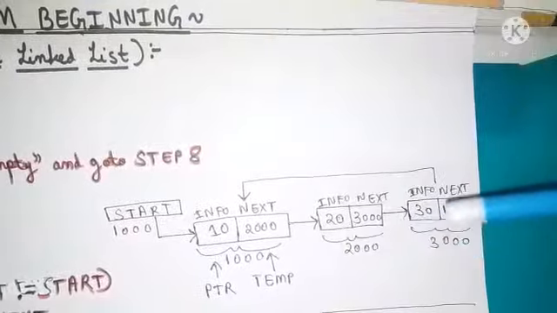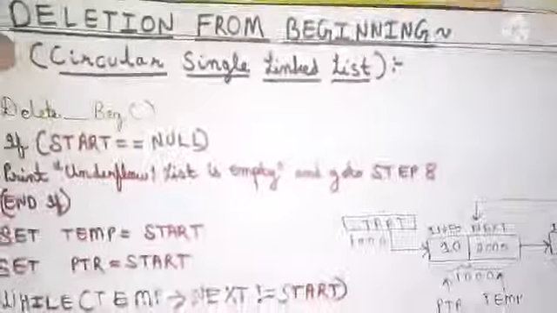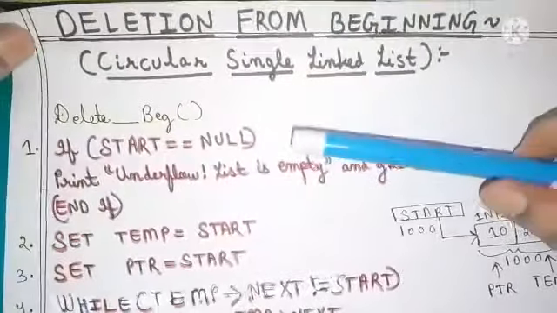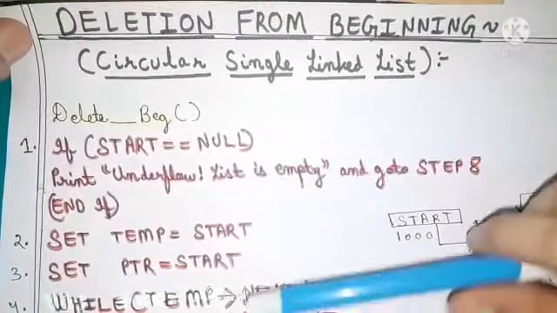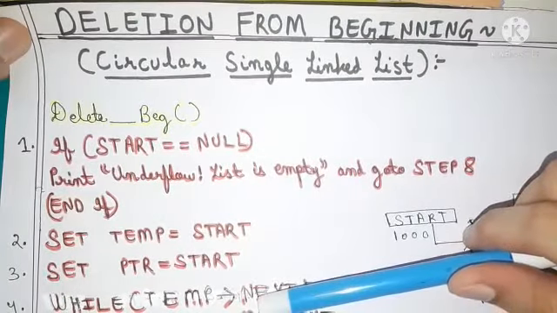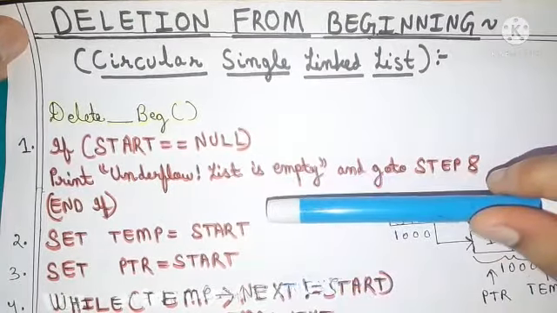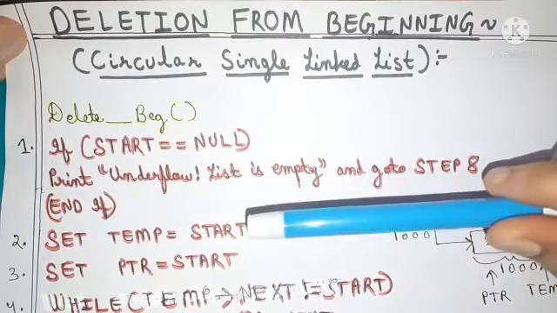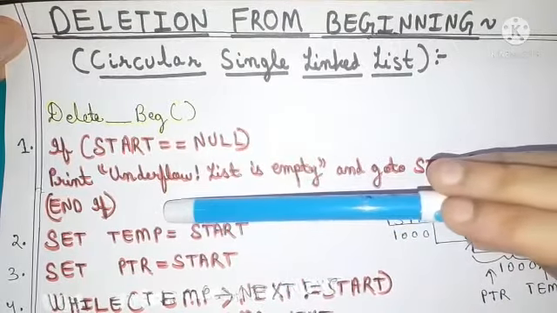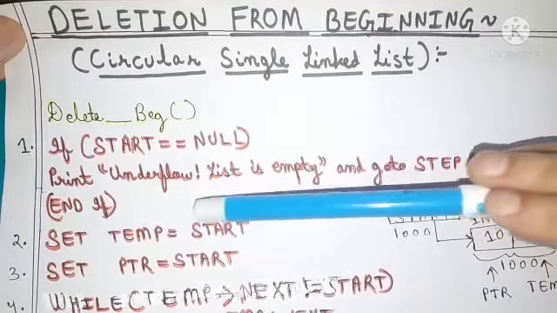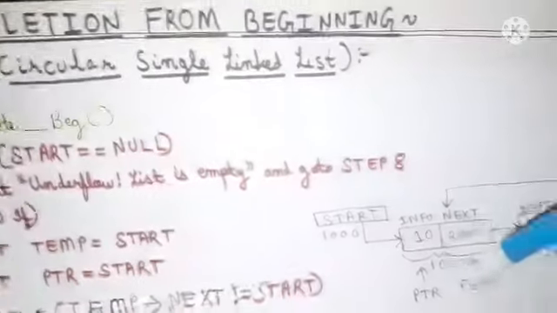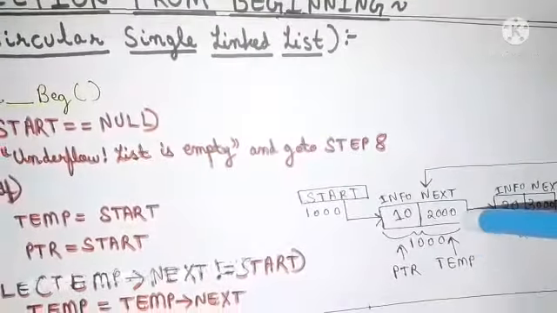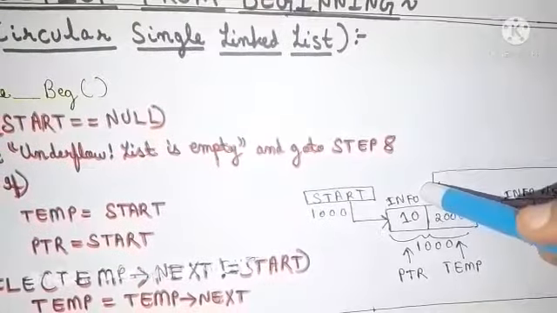Okay, so here I have assumed one list having 3 nodes. So that's why this if condition becomes false, so the further statements will be executed. Then in order to traverse the entire list, we need one pointer, so we will set temp as a pointer which will point to our first node, whose address is 1000.